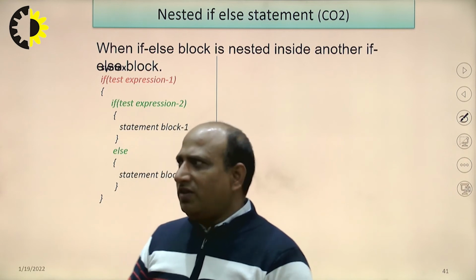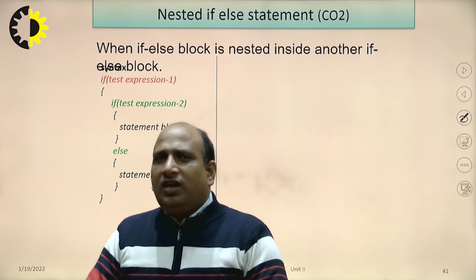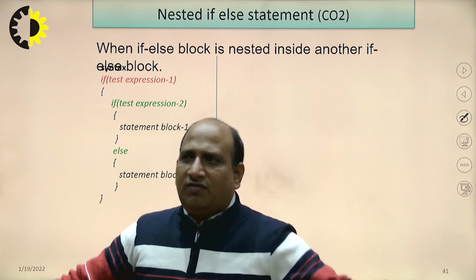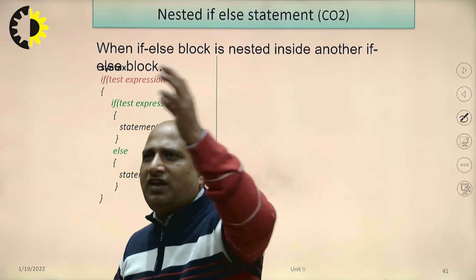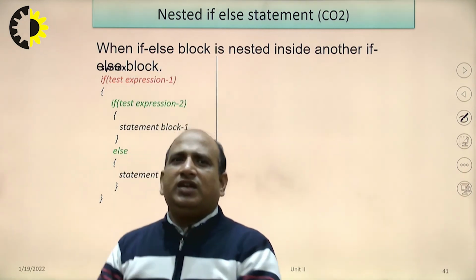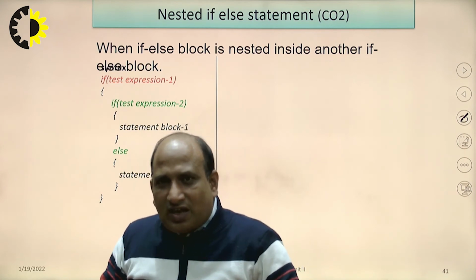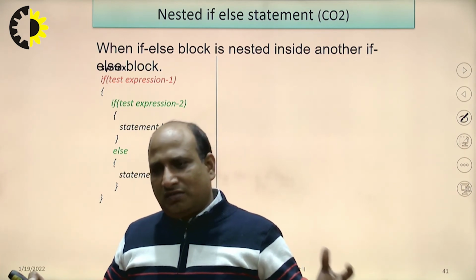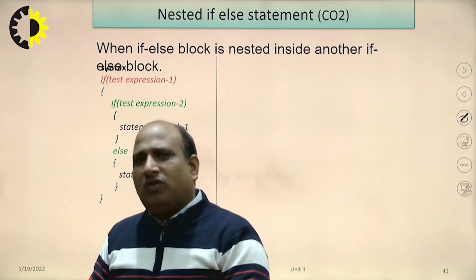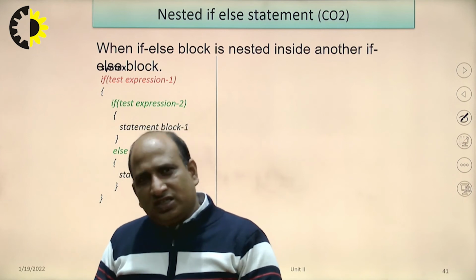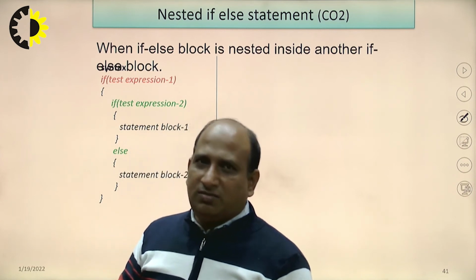If we want to execute a particular set of statements depending upon a number of conditions, if this condition is true, if that is true, if that is true and that is false, in that situation this particular code executes. If we want to apply this type of conditions on a particular code to be executed, in that situation we will use this nested if statement.